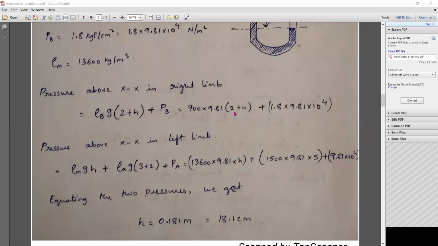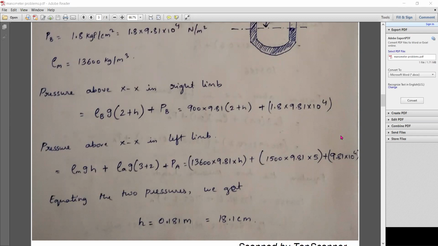It's 17,658, I think. 17,658 is one term, plus 900 into 9.8. 8,829 H. Here two terms you'll get. 8,829 H is one term, and one more is 17,000 something you'll get. Plus this, sir, full term.